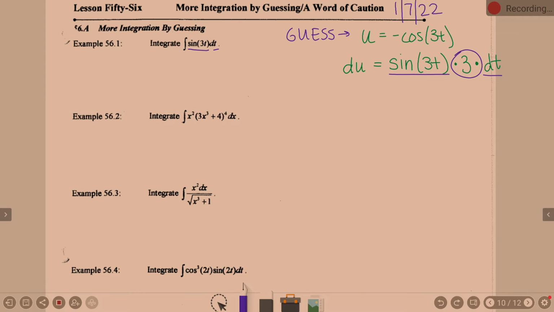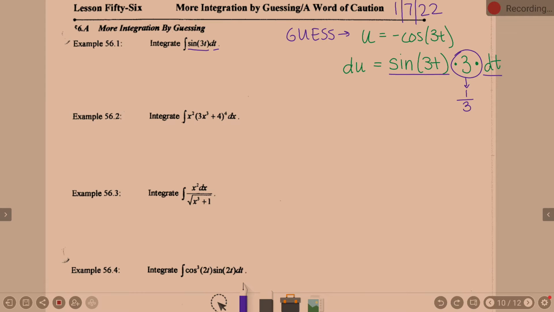How do we compensate for a factor of 3? We divide by 3. And dividing by 3, what is that as a number? That is the number 1 over 3. So in order to compensate for 3, we're going to need a 1/3 in our answer.